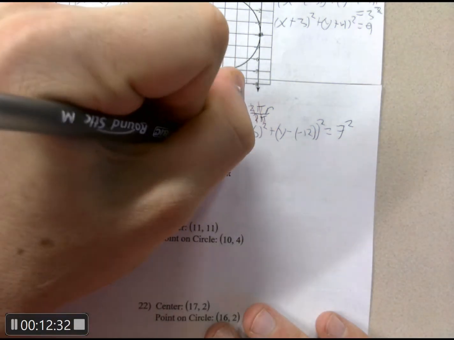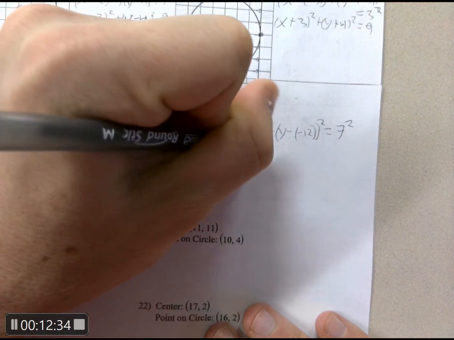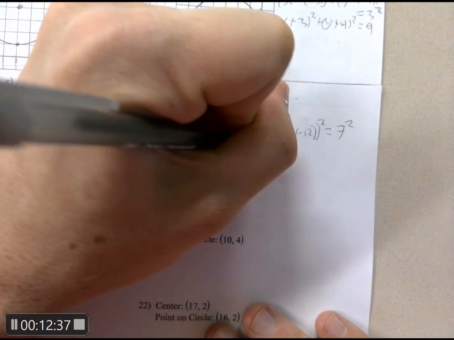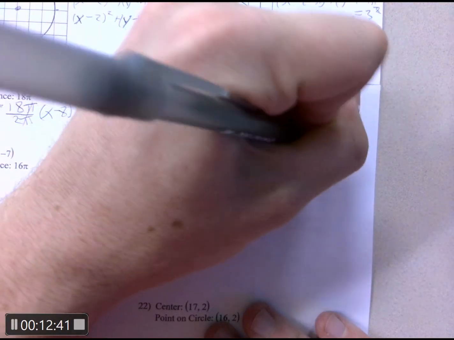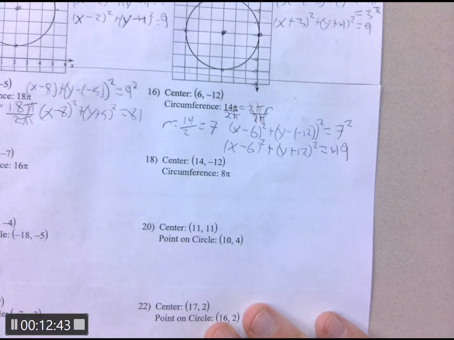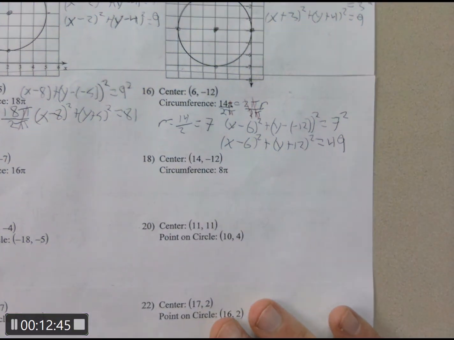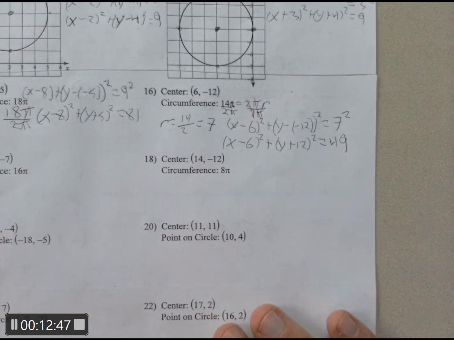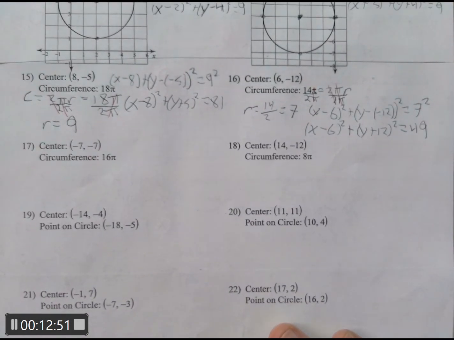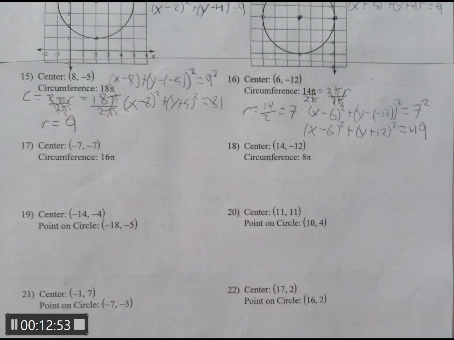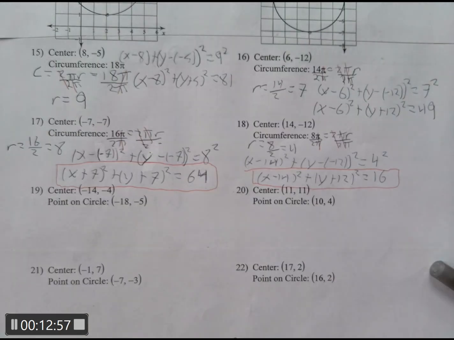Simplify: x minus 6 squared plus y plus 12 squared equals 49. Cool. That's our answer, okay? I'm going to give you all time to do the next two on your own. Once again, just find the radius, use the radius, and plug it in. Alright, there are your answers.